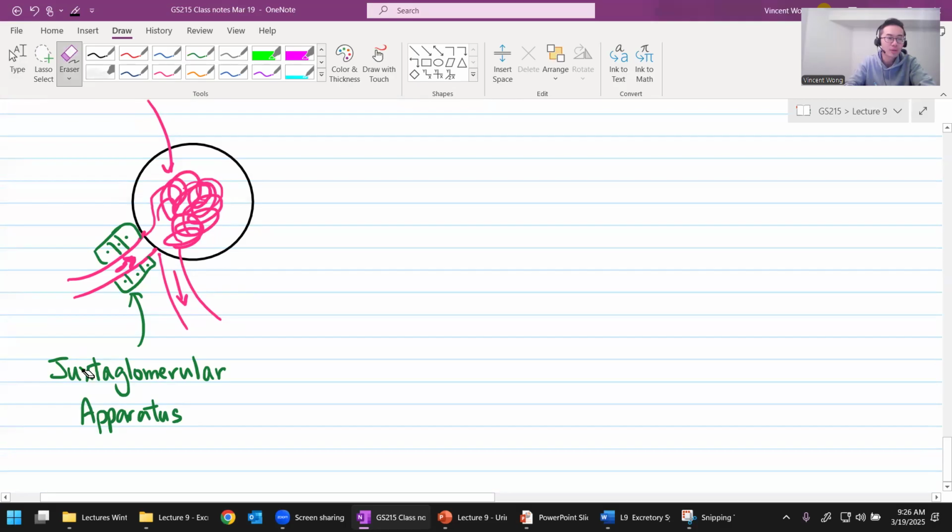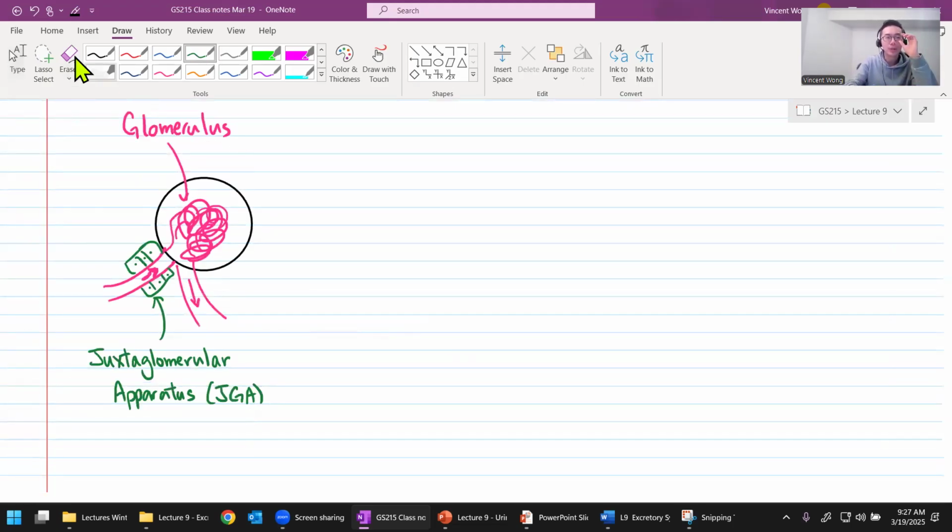Juxta means next to, adjacent. Glomerular, so next to the glomerulus. Apparatus is like a cluster of cells in this context. So we have a bunch of cells next to the glomerulus, the juxtaglomerular apparatus. You can call it JGA for short, I guess. No one really calls it that. It's not official, but that's okay.